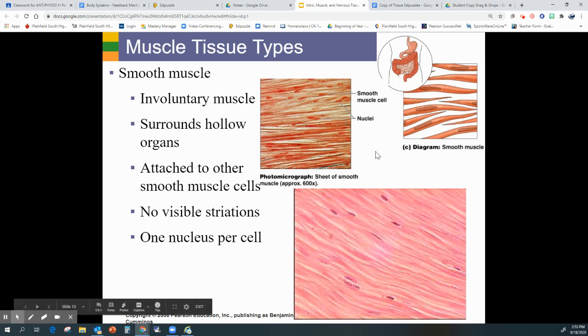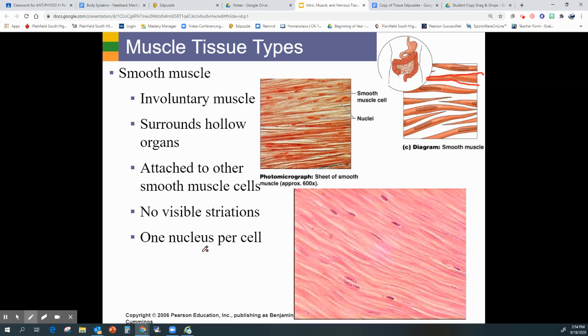The other thing with smooth muscle tissue is a lot of times they say it looks like a spindle. This picture up here is probably the best one. Let me see if I can grab a pen here for you. The reason they say it looks like a spindle is because it's thin on the ends, and then it gets thicker in the center.